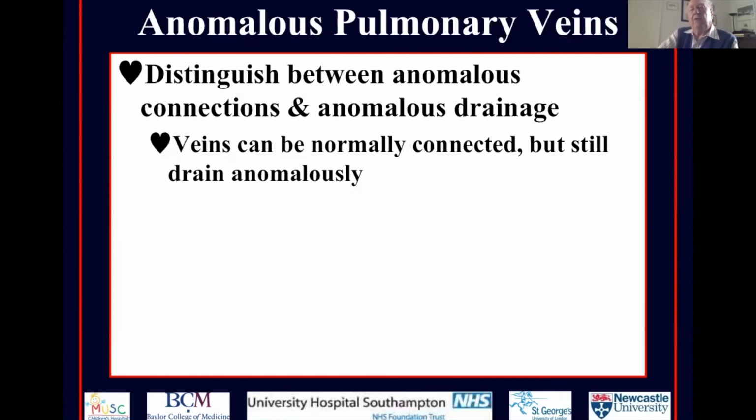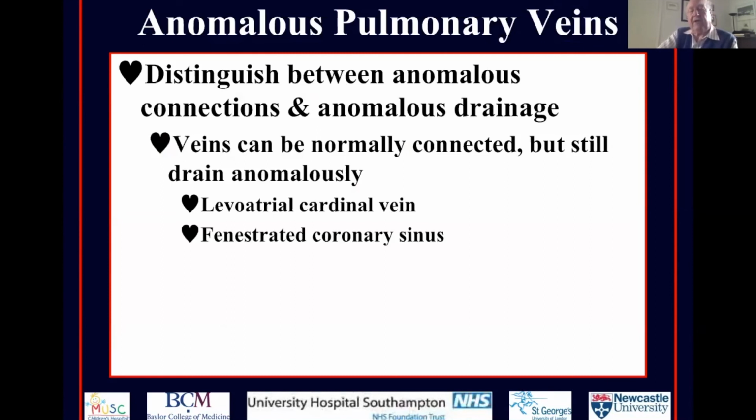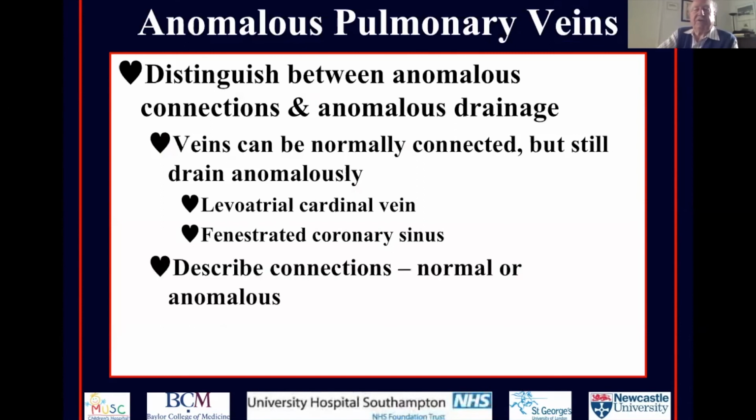Now, when we are looking at anomalous pulmonary veins, we need to distinguish between anomalous connections and anomalous drainage. So the veins can be normally connected, but still drain anomalously, and we've seen that already in the setting of the levoatrial cardinal vein. We see it also with fenestrations of the coronary sinus.